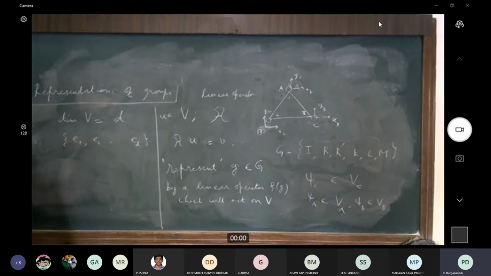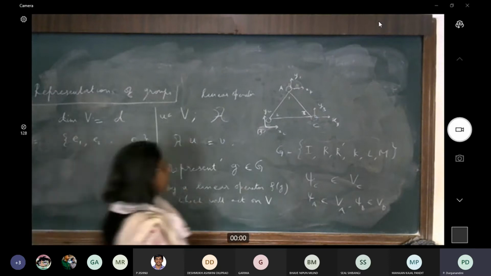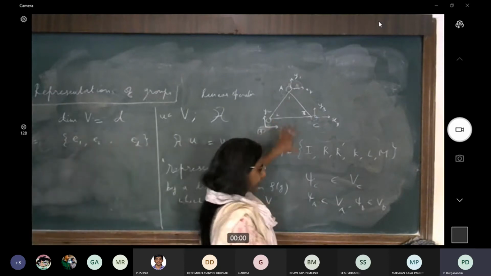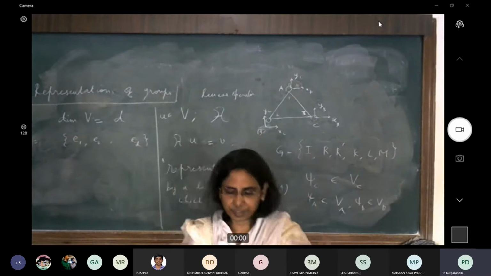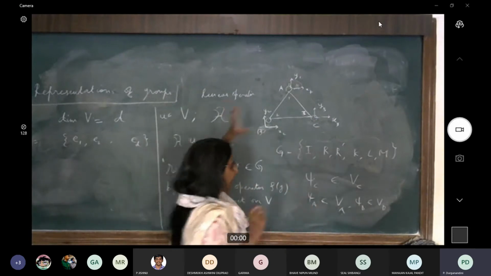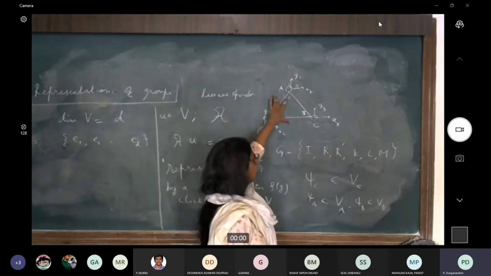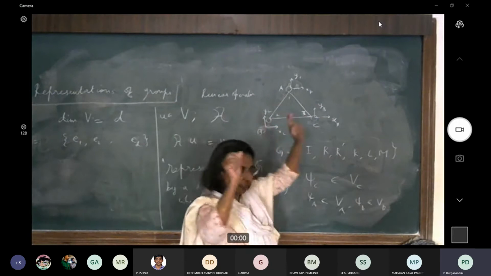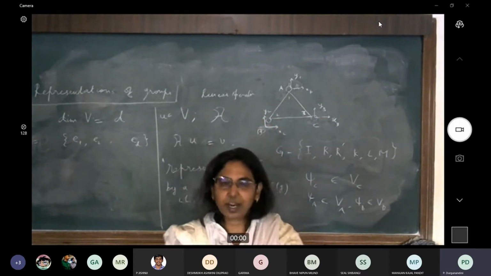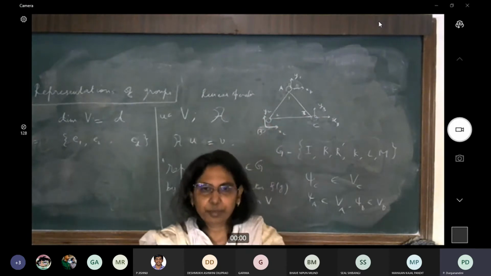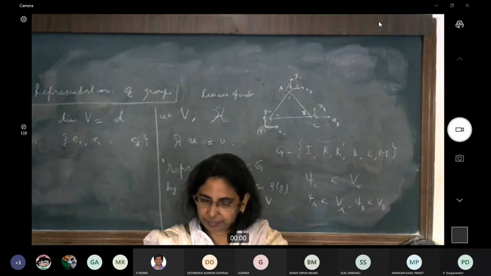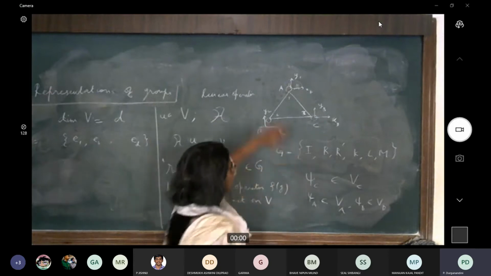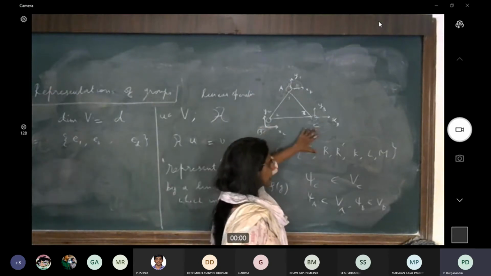Given a physical system, first of all, you must identify, and I'm now talking with respect to groups and representations of groups, so I'm keeping our physical systems in mind. The first thing is that you first define your physical system well. After that, you identify what is your symmetry group of transformations. Here I've identified the symmetry group like this.